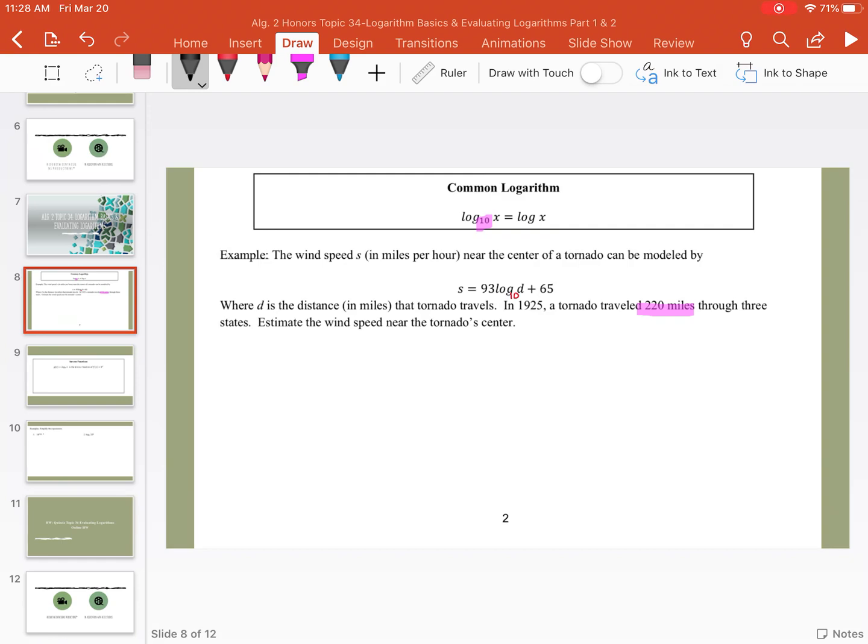So we have our function of S equals 93 log base 10 of D plus 65. And instead of D, we're going to rewrite 220. So we're going to plug that in.